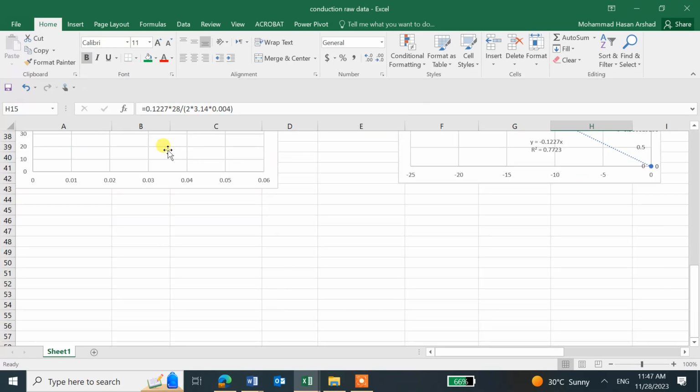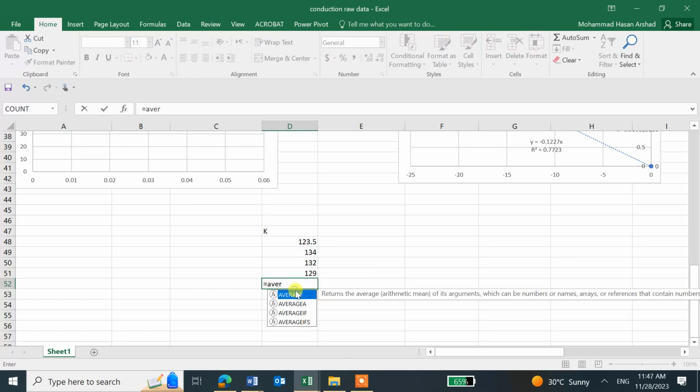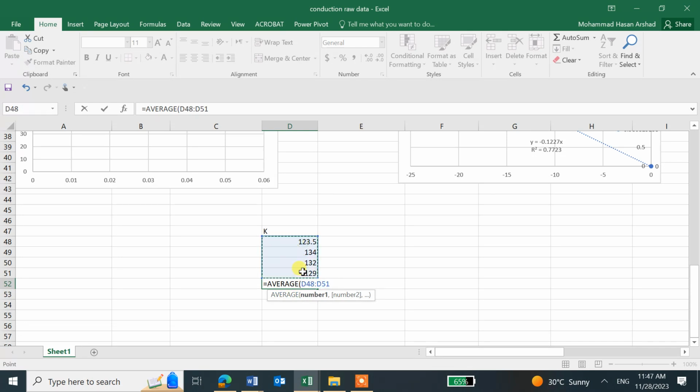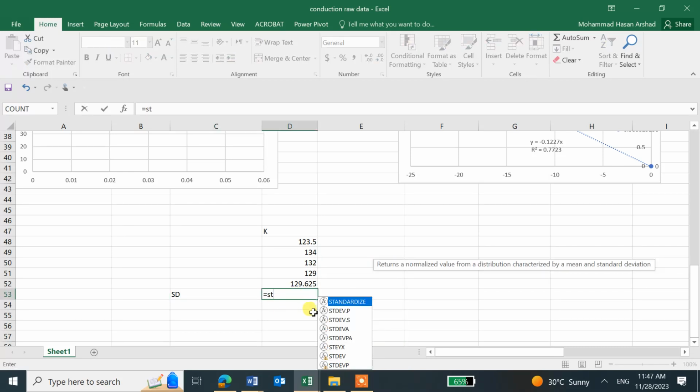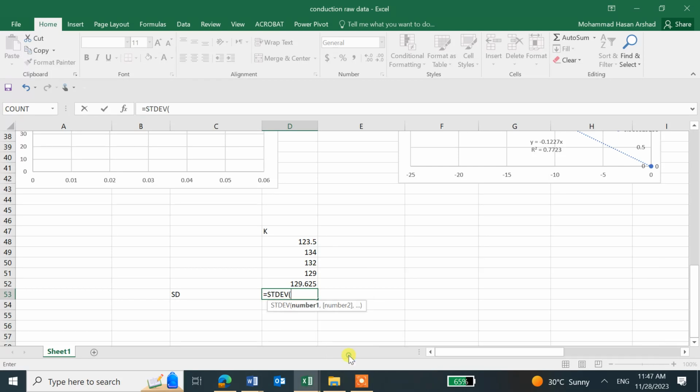Suppose using the different methods, linear, radial, and all this, you have 123.5, 134, 132, 129. What you can do is find the average and say this is my final experimental value of K.